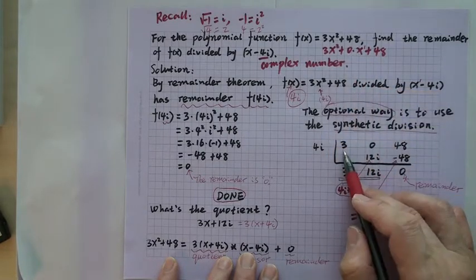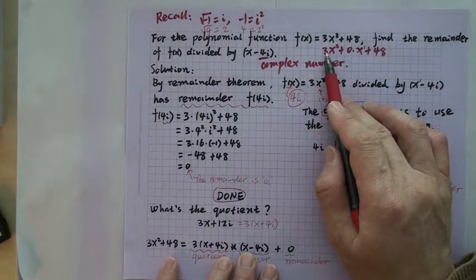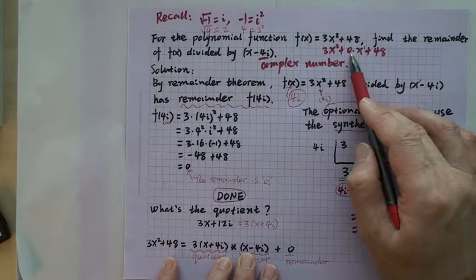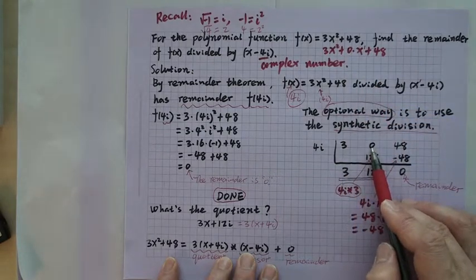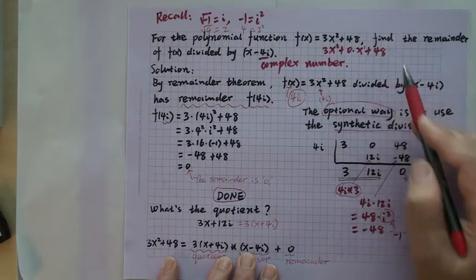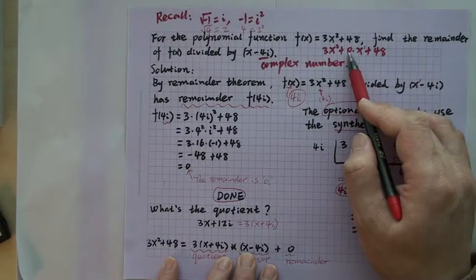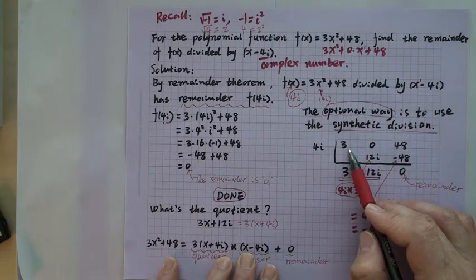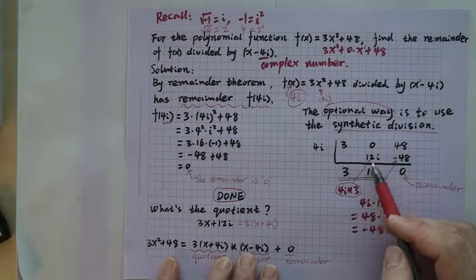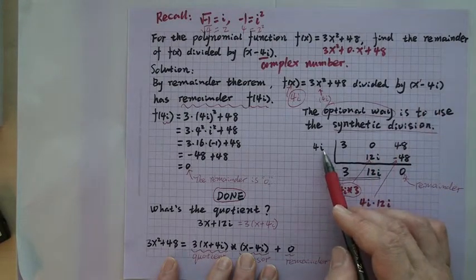So when you do the synthetic division, you want to have a 3, the exponent is 2, and 0, the coefficient of x is 0, and 48, that's a constant. Then, if here it is minus 4i, you want to put 4i here.